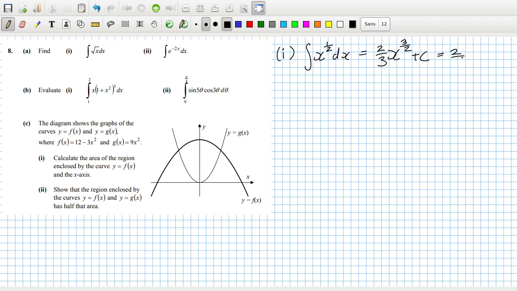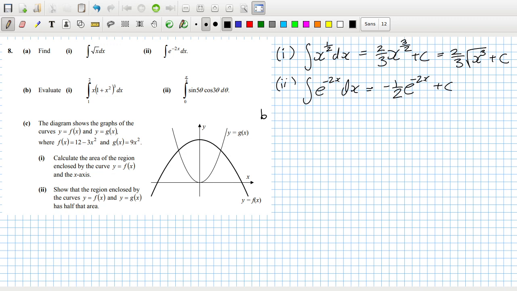So that's 2/3 root x cubed plus c. And number 2, integrate e minus 2x dx. Well, that will just be divide by minus 2. So that's minus a half, the coefficient here, e minus 2x plus c.